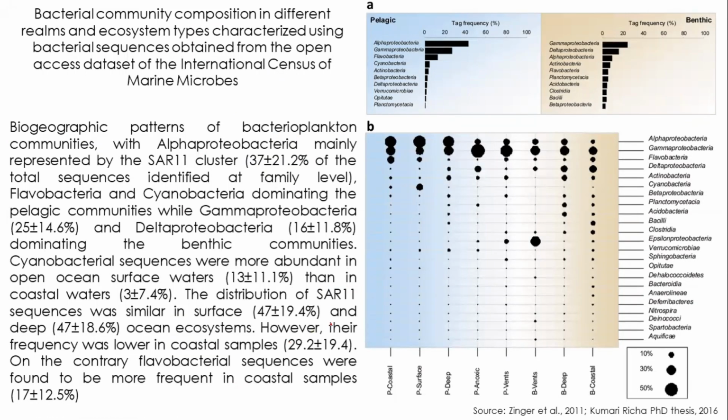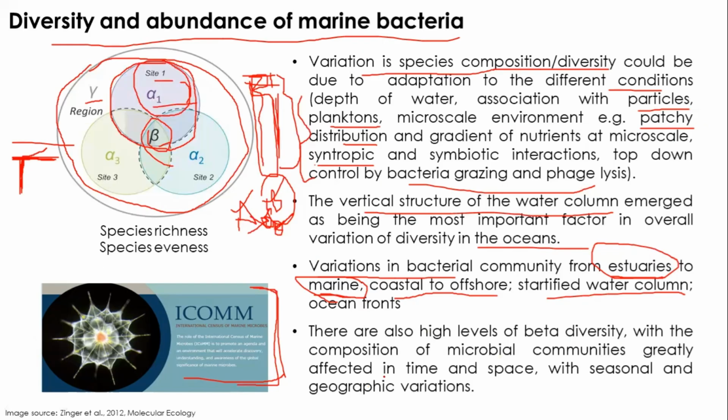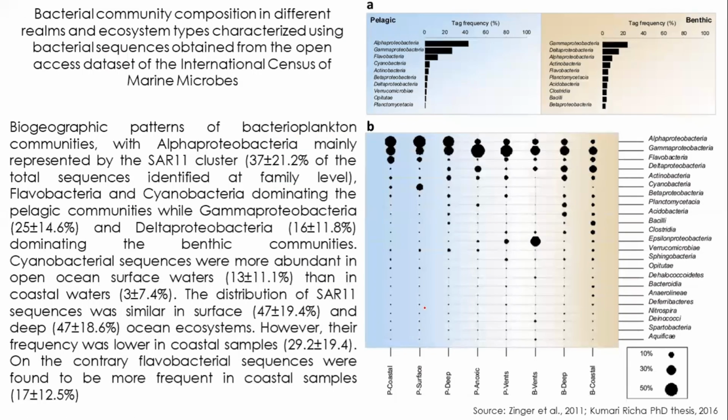Okay, you can see in this particular slide what I was telling you, that there could be a variation in the bacterial composition. A paper which was published in 2011 shows that there are more alpha and gamma proteobacteria, and flavobacteria in the coastal waters.